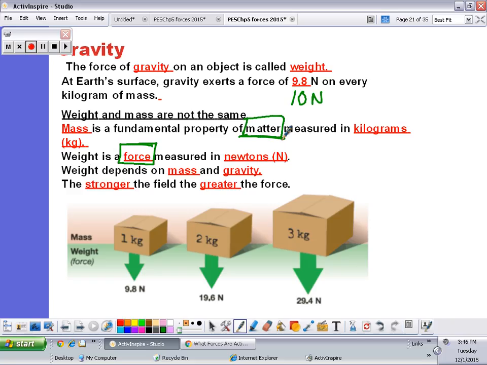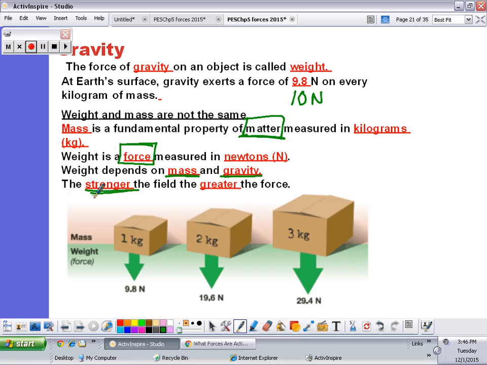So weight will depend on the mass, what it's made up of, and the pull of the force on it. The stronger the field, the greater the force also. So you're talking gravity can change depending on what planet you're on. It's pretty much going to be the same 9.8 on Earth all the time. It may vary slightly, but not enough to even really notice.